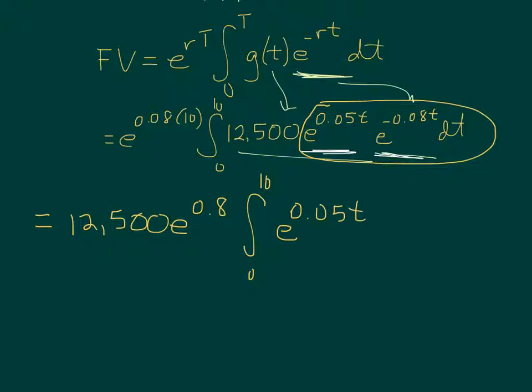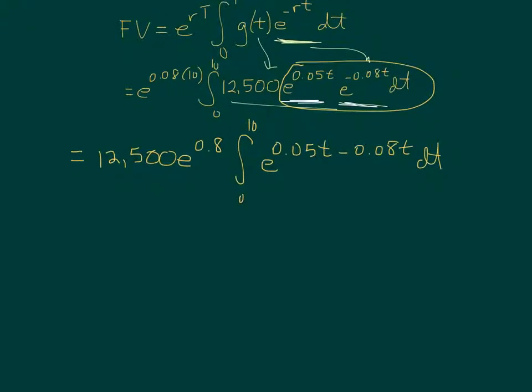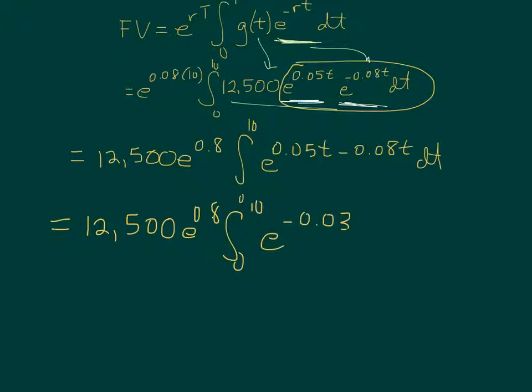So I'm going to add a negative 0.08 t dt. And now I can get my function to look in a way that I know what to do with it. So 0 to 10. I subtract these and I get negative 0.03 t dt. All I did was subtract that.